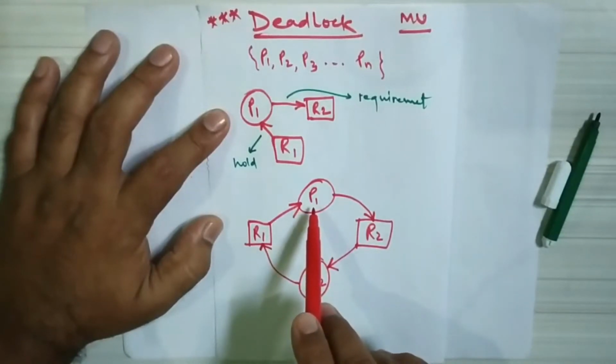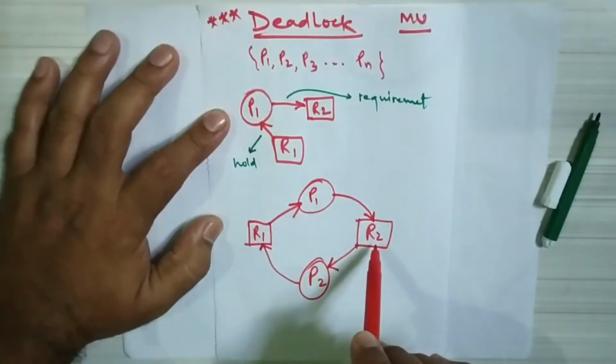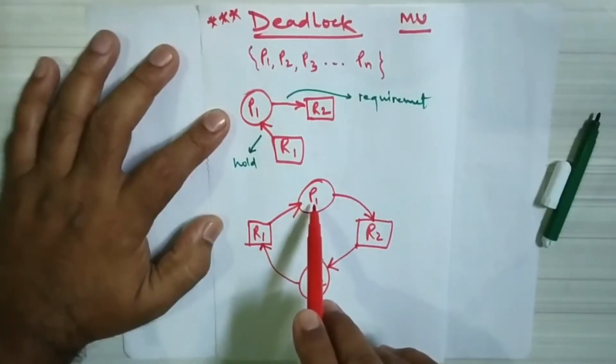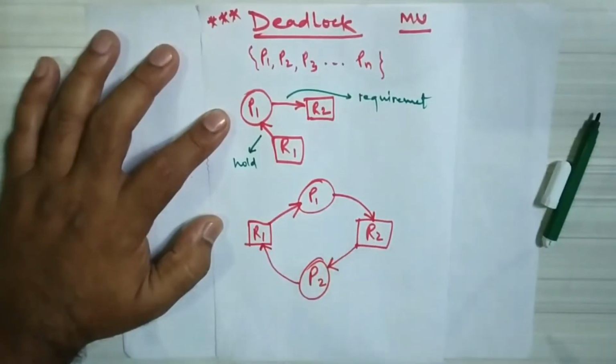And p1 holds the resource r1 and requires r2. p1 r1 को रिलीज नहीं करेगा जब तक कि उसको r2 मिलेगा नहीं.